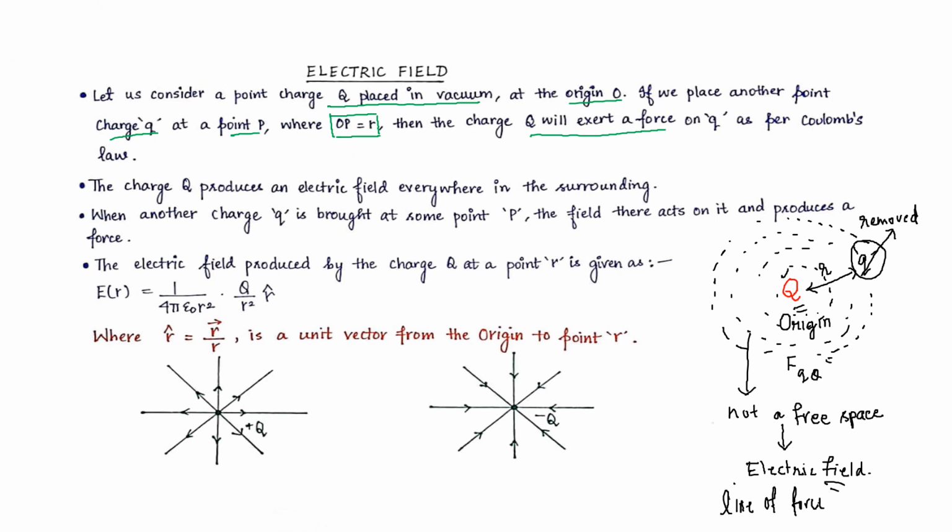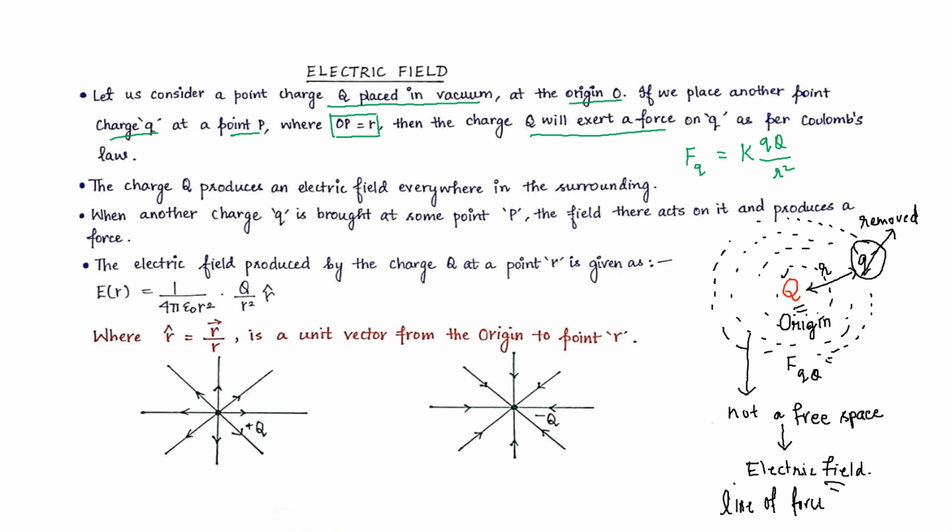So as per Coulomb's law, the force experienced by the small q due to the capital Q is given as K small q into capital Q upon r square, r being the distance between the point O and the point P.